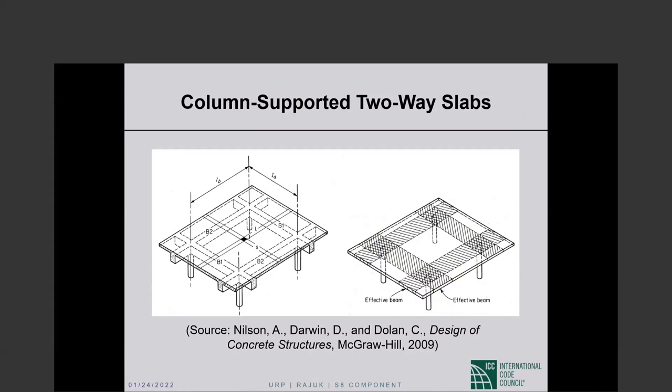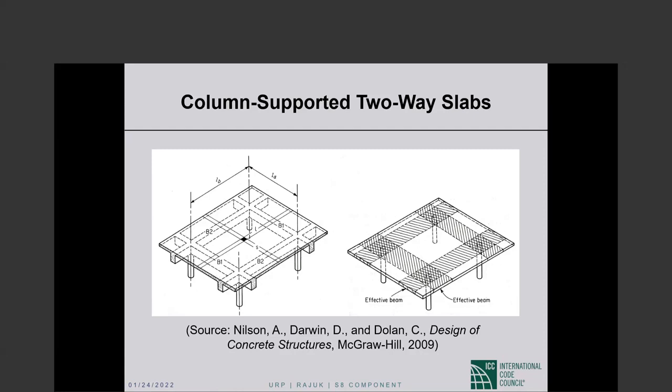Okay? Those column strips are nothing but beams of the same thickness as the slab that are concealed. Okay? Now, if you imagine strips of slab running in the left to right direction, let us say they transfer 40% of the slab load, and those column strips transfer the other 40%.